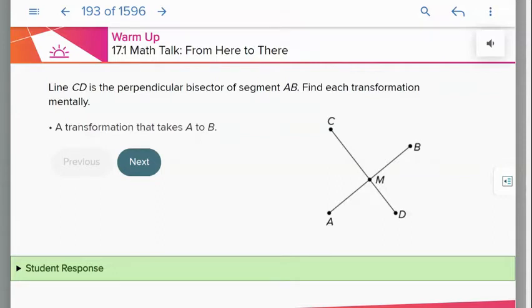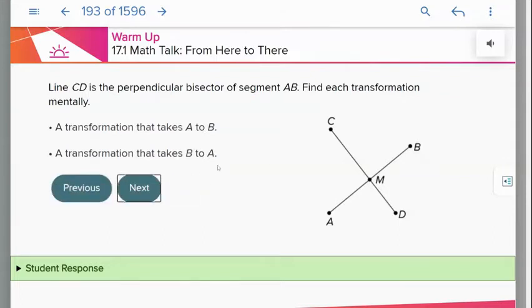Would that rotate A all the way over to map onto point B? Yeah, that would work. What about translation? Could you translate up and to the right until point A maps onto point B? Yeah, that would work. So you actually have some options there. You can knock out all three rigid transformations to do that.